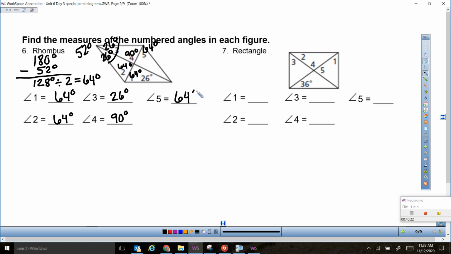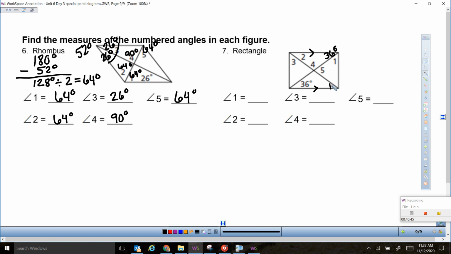Okay, number 7, we have a rectangle. Let's see. I know that the top side and bottom side are parallel because a rectangle is also a parallelogram. So if this angle is 36, then the alternate interior angle is also 36.